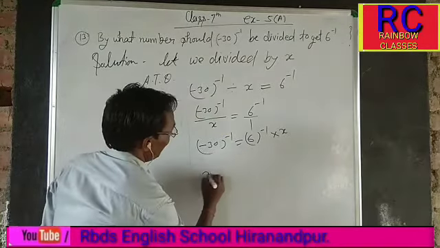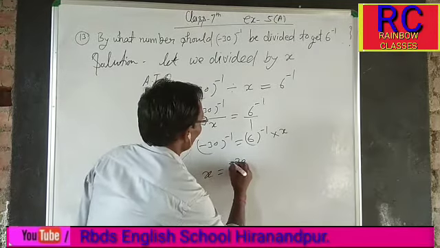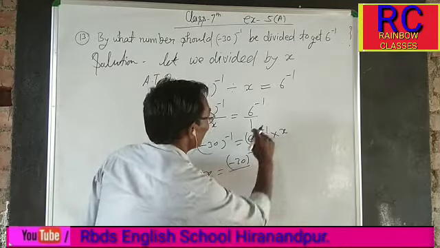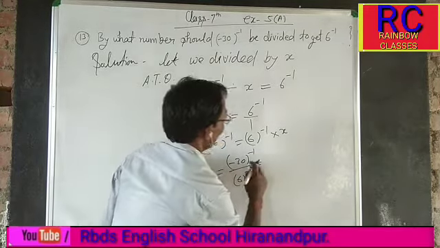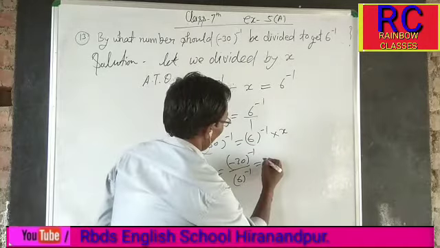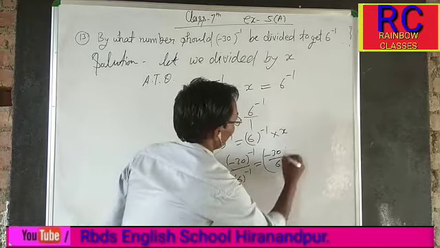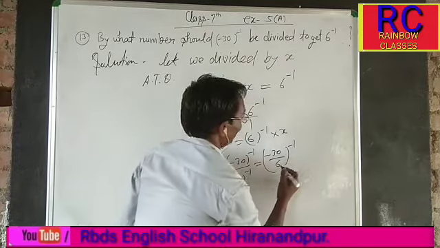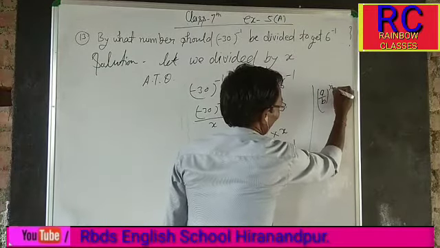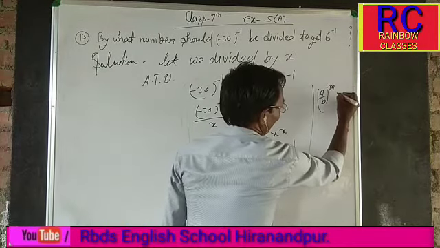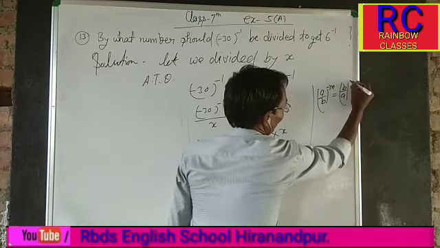So x is equal to minus 30 to the power minus 1 by 6 to the power minus 1, equal to minus 30 by 6 to the power minus 1. According to the formula, (a by b) to the power minus m is equal to (b by a) to the power m.